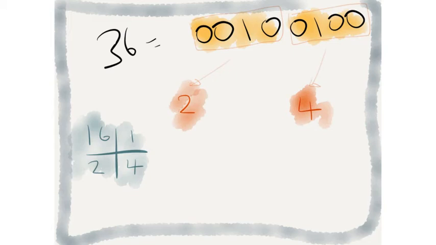So the binary of 36 is 00100100. So that's a 0 number of 1s, a 0 number of 2s. The next digit there would be 4. So that's 1 4, 0 8, 0 16, 1 32. So we've got a 32 and a 4 is equal to 36. If you're not sure how I did that, then please look at the binary representation to understand this further.